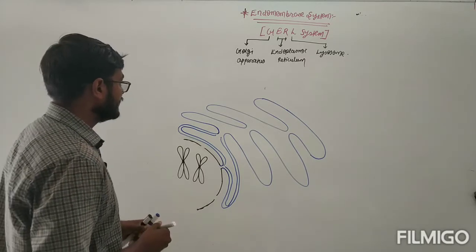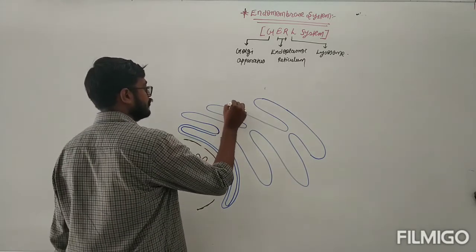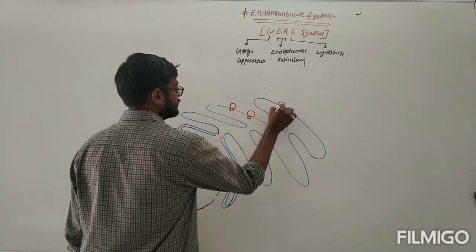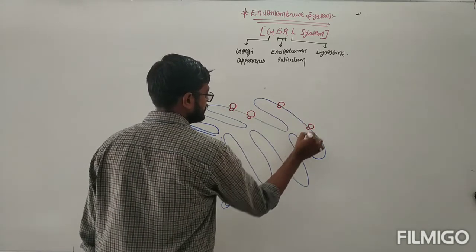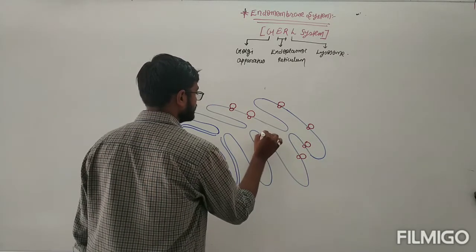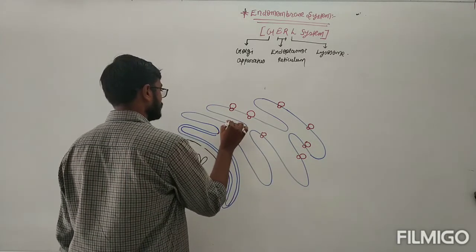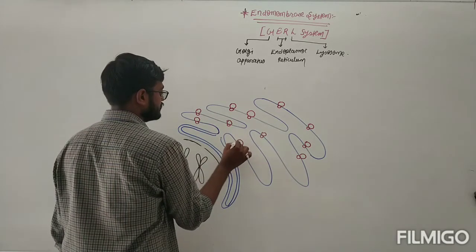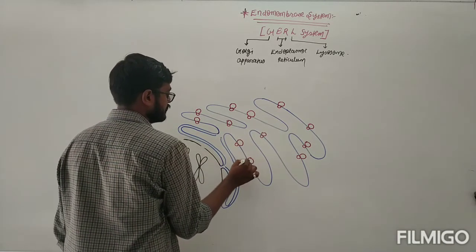This endoplasmic reticulum has ribosomes on its surface, and due to the presence of ribosomes on its surface, the surface becomes rough in structure.